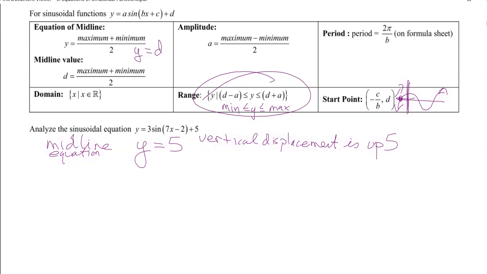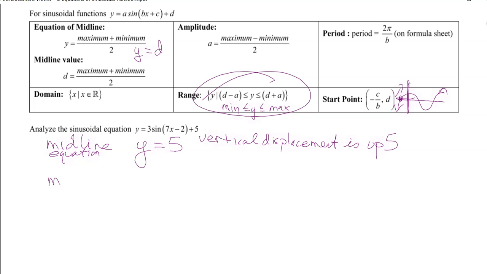From 5, the amplitude tells us how far to go to get to the minimum. If the amplitude is 3 and the middle is at 5, what's the minimum? Not 3. It's 2.